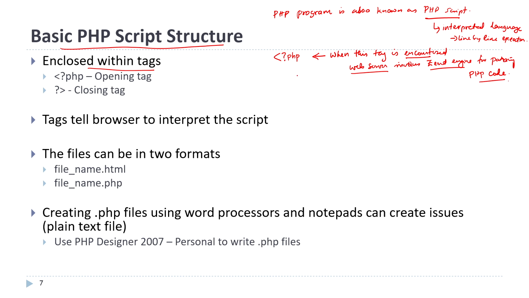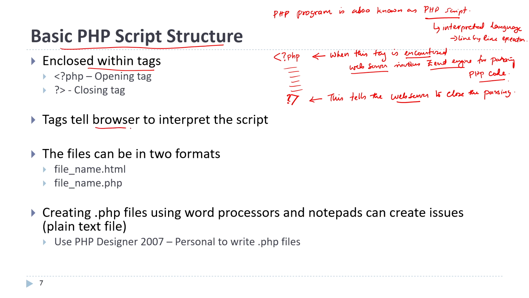And how long will it continue to parse? You have PHP code like this, and at some place you will have a closing tag, a question mark and a greater than sign. This tells the web server to close the parsing. So, that is what the web server does. How does the web server know?